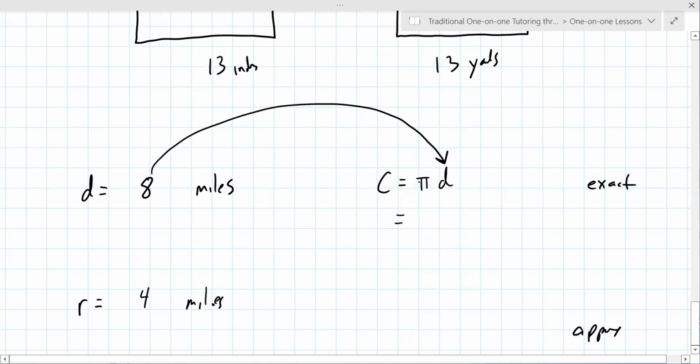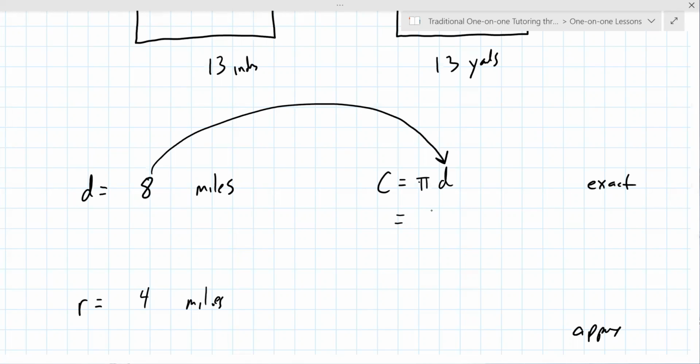I think I know what it is. What is the exact answer? The exact answer is 4 pi miles. No, what is the value of D? 8 times 2.